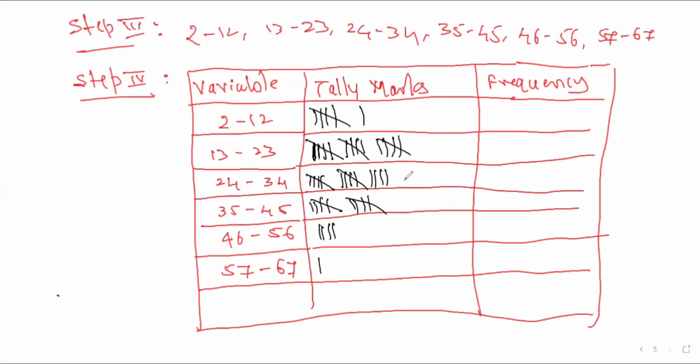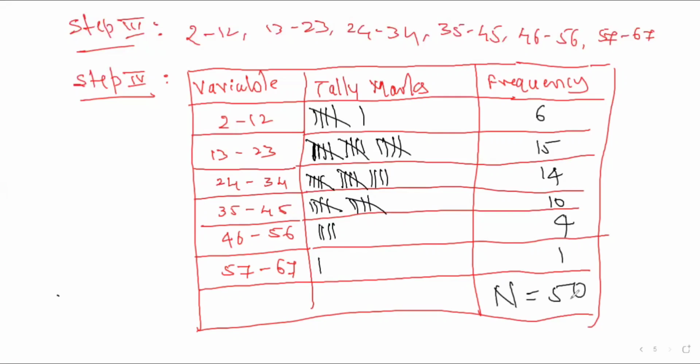So this is assigning the tally marks. Next is the number of frequencies: 6, 15, 10, 14, 10, 4, 1. So here also n is 50.